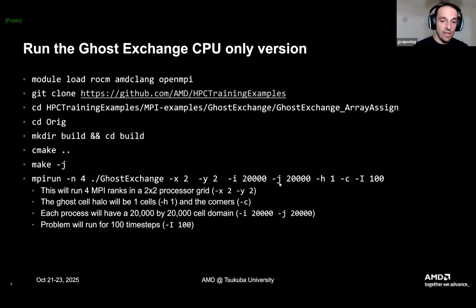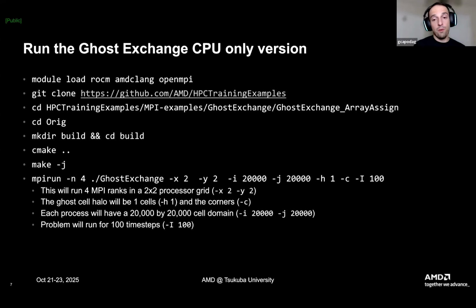-i and -j is the number of cells in each direction. -h specifies the width of your halo layer. Since we're just doing a 5-point stencil, we just need the halo layer to be made of one cell, basically. But if you had more complex operators, high order, for instance, then your halo would have to be larger.